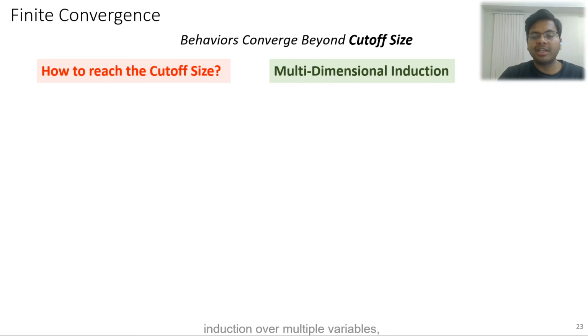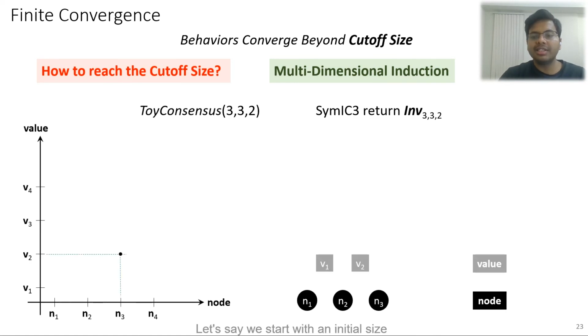Inspired from mathematical induction over multiple variables, we propose an algorithmic way to reach the cutoff size. Let's say we start with an initial size of 332 for toy consensus, that is 3 nodes, 3 quorums and 2 values. And let Symmetry return an invariant inv332.